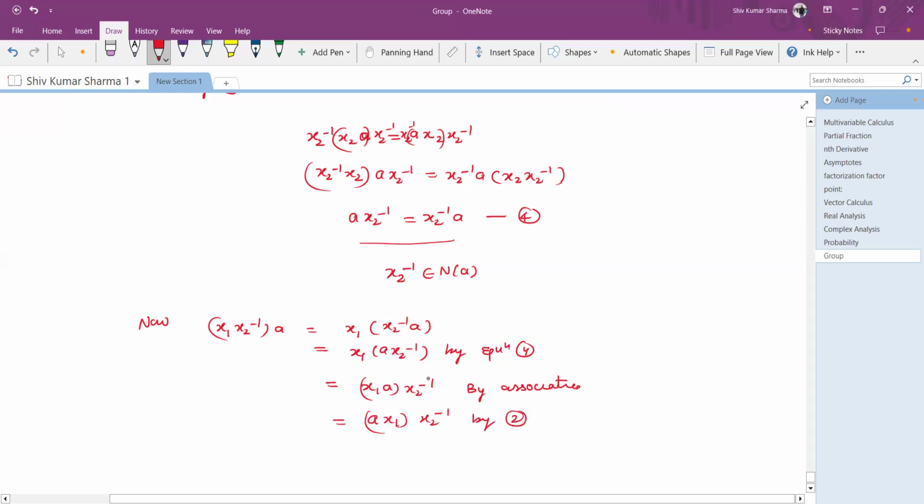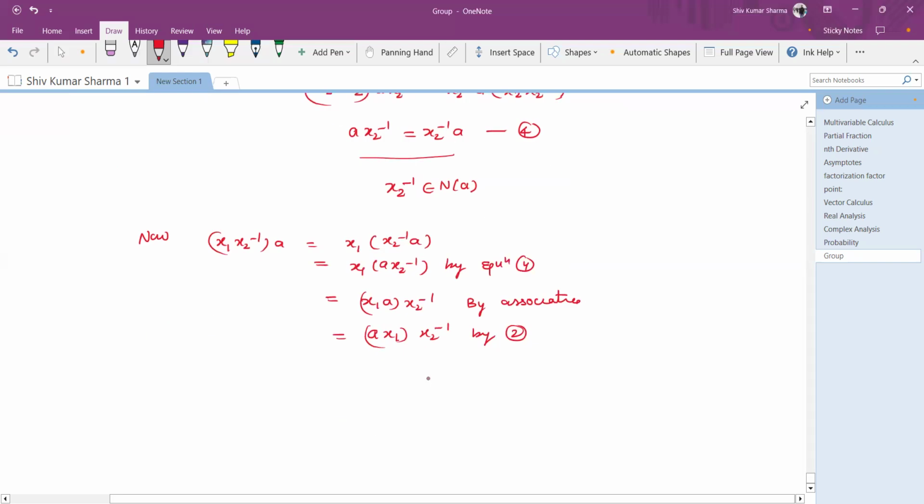Now we take the element x1 x2 inverse into A. So we see that A into x1 into x2 inverse, using associative again, gives x1 x2 inverse into A equal to A into x1 x2 inverse.